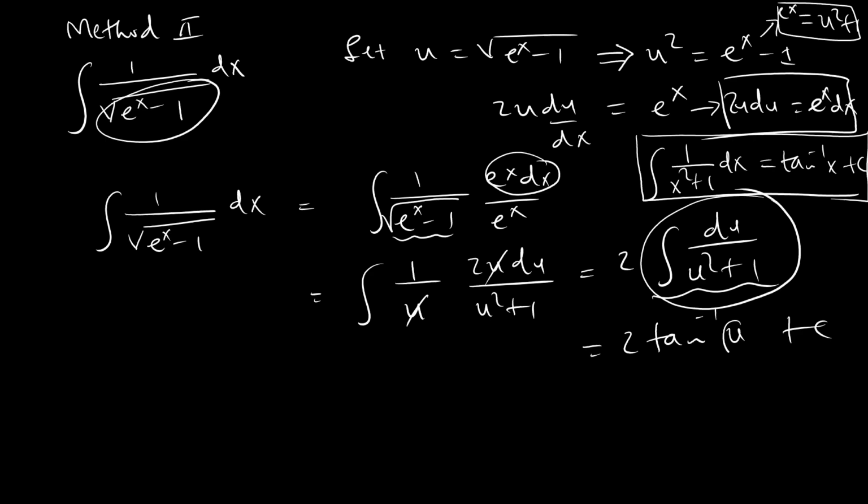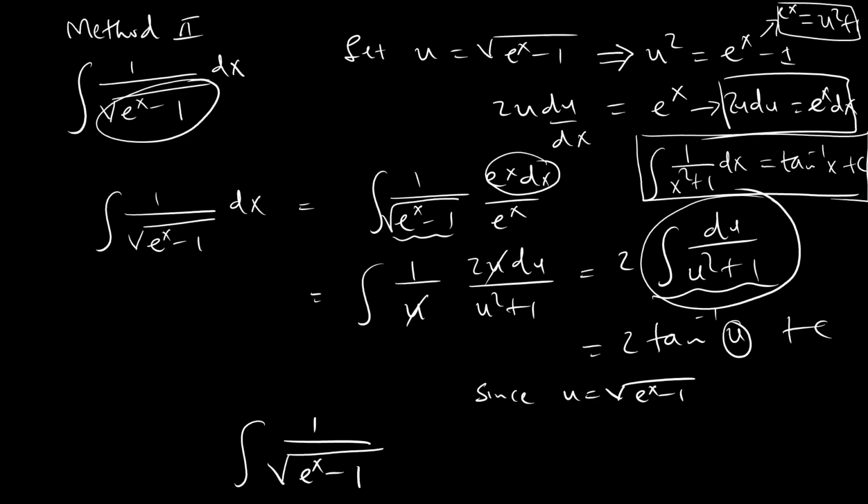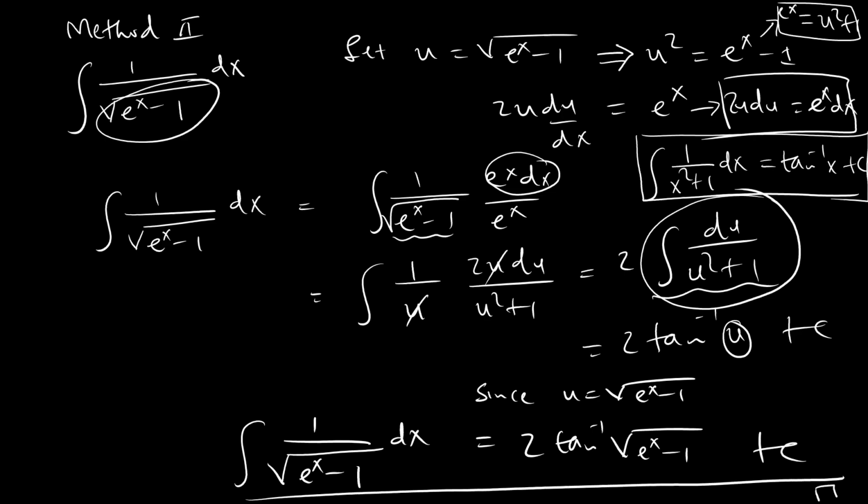Since u is equal to square root of e to the x minus 1, our integral is now 2 arctangent of square root of e to the x minus 1 plus the integration constant. And that is our solution.